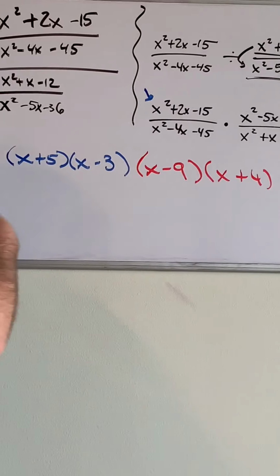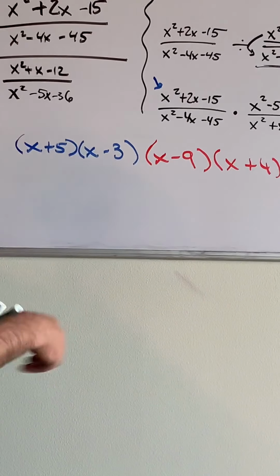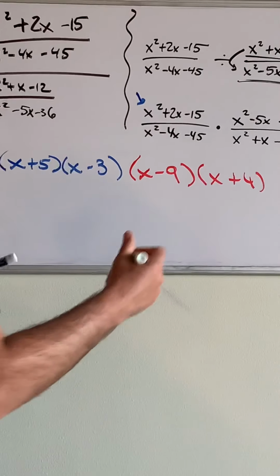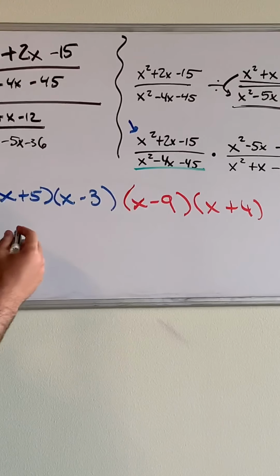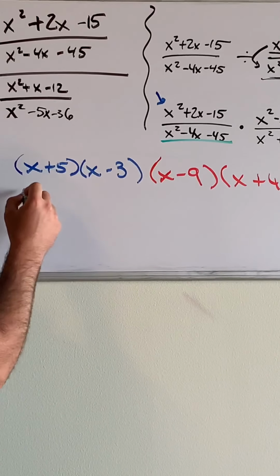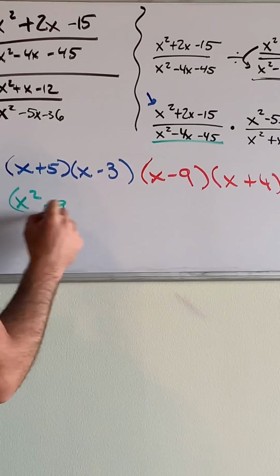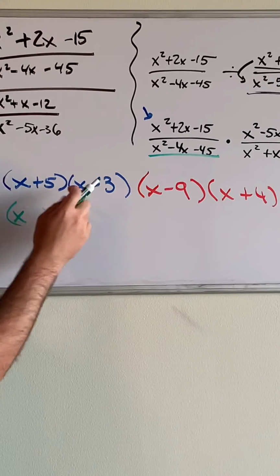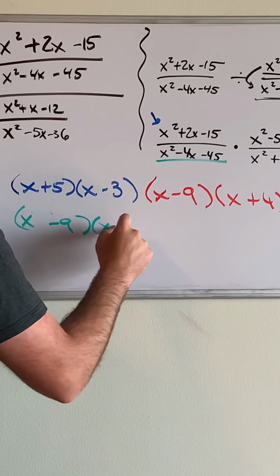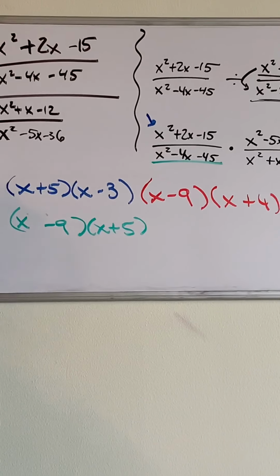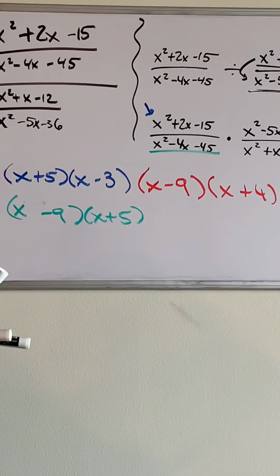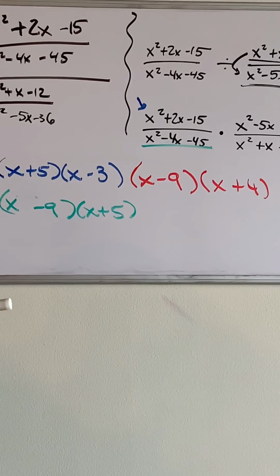All right, and then I got to do my green, which will be this one on the bottom left. That'll be in green here, so that is x squared minus 9, not x squared, just x minus 9 and x plus 5. And then the last one, like always, here, I'm running out of colors.